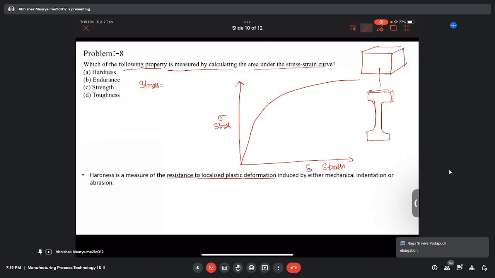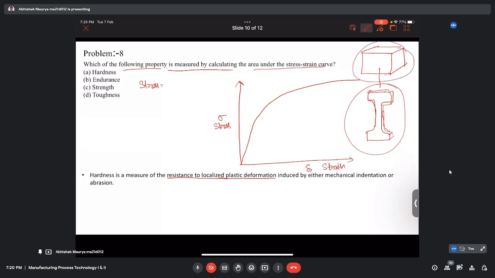On the UTM we will do elongation. This is a standard sample. There are many standards like ISO, international standard, or European standards. Based on any standard, we make a sample from this whole material, from a big chunk of material. We will make a small one. It is called a tensile sample.